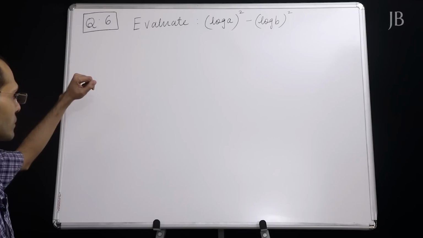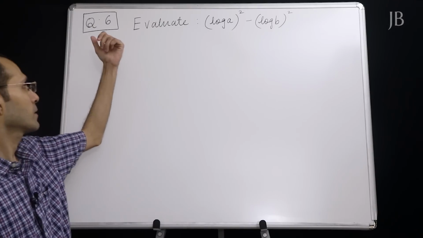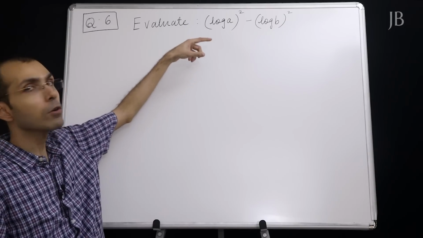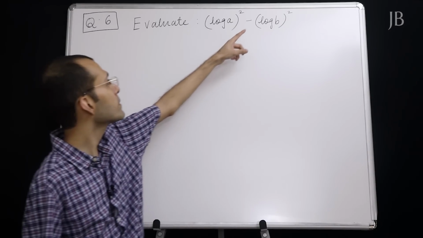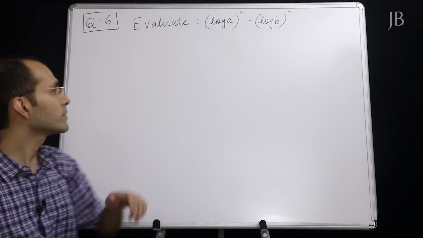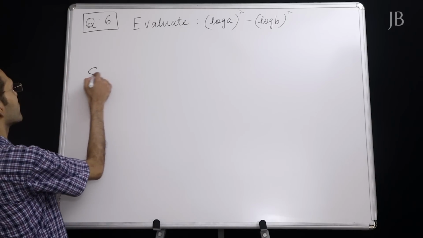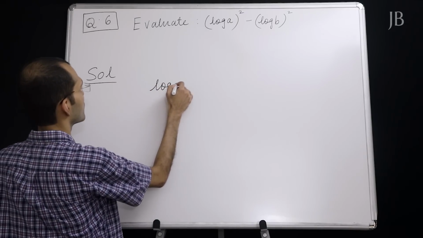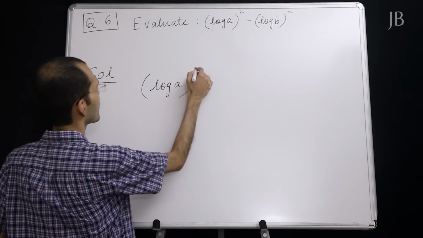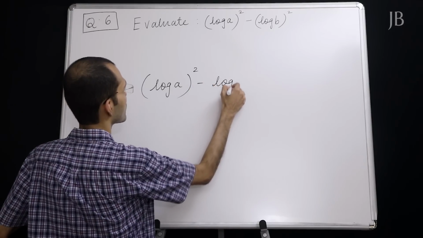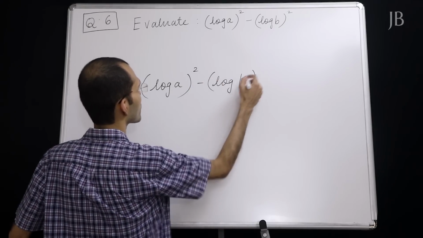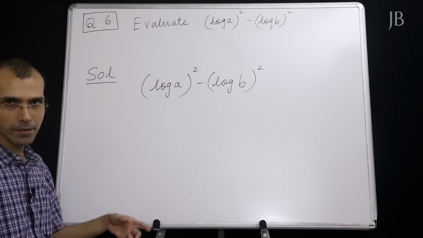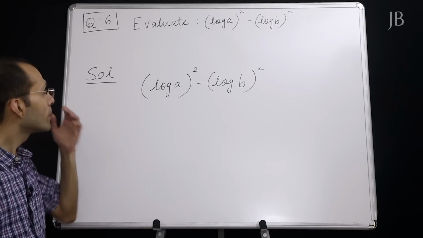Question 6. Evaluate, or they can say simplify, log a the whole square minus log b the whole square. So this will be 2 log a, isn't it? Sure.